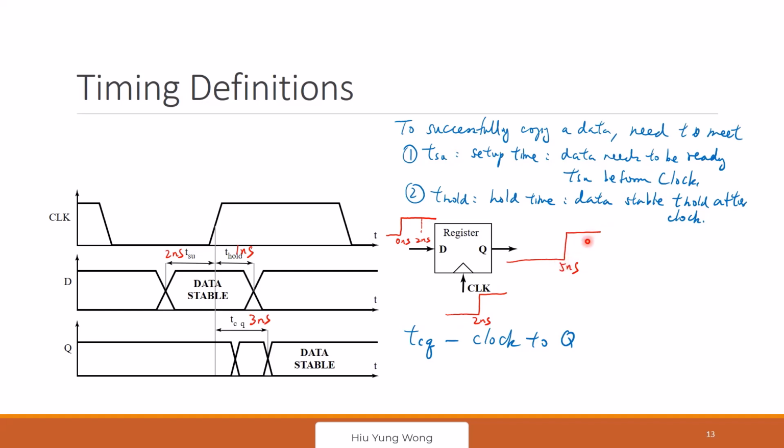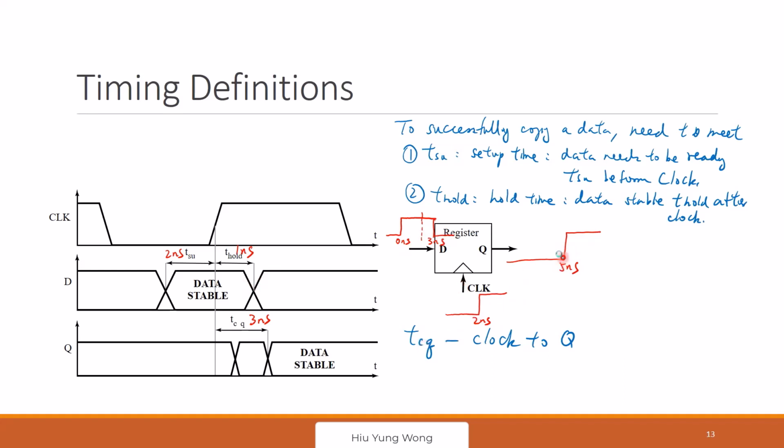Don't come here before 3 nanoseconds after 2 nanoseconds, or before 5 nanoseconds, right? And then you can go down. And if you have some new data, you don't change it before 3 nanoseconds.